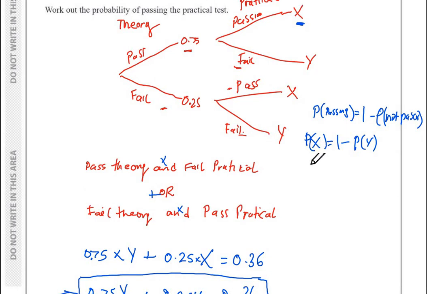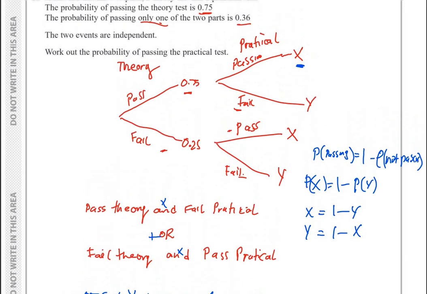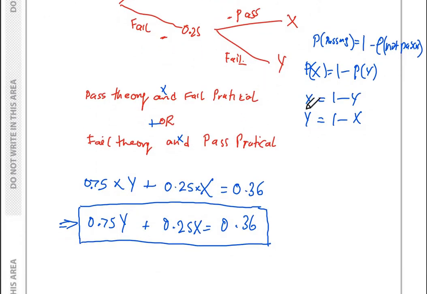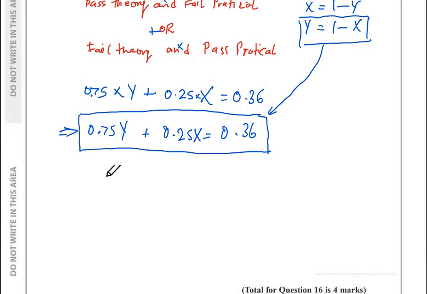So really what we're saying is that x equals 1 minus y, and likewise y equals 1 minus x. Okay, so if y equals 1 minus x, we could now substitute this into here and make our equation into one unknown. So we have 0.75 times (1 minus x) plus 0.25x equals 0.36.